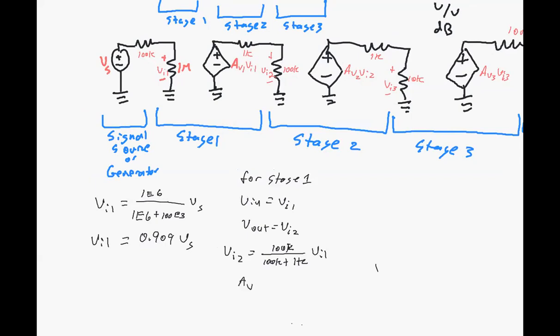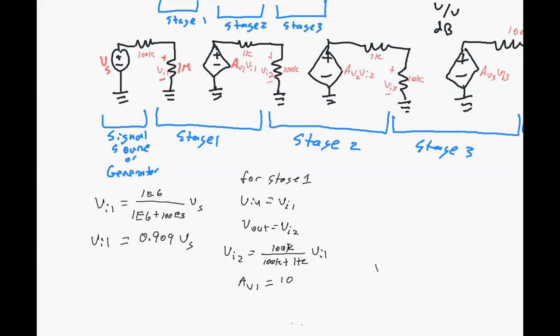We could say that AV1 is equal to 10, so that this amplifier stage, this voltage controlled voltage source, is multiplying whatever value of voltage we have here by 10 and supplying it to that Norton circuit or that Thevenin circuit.